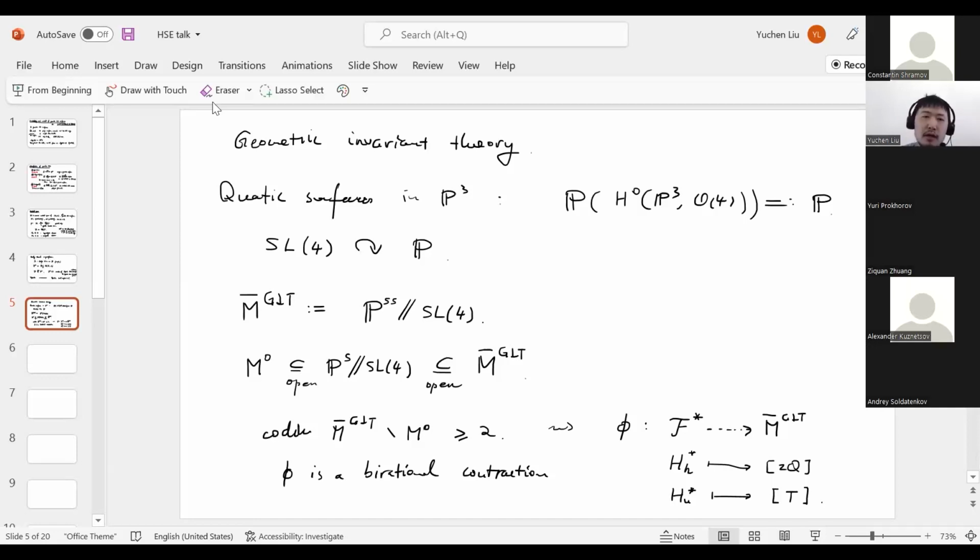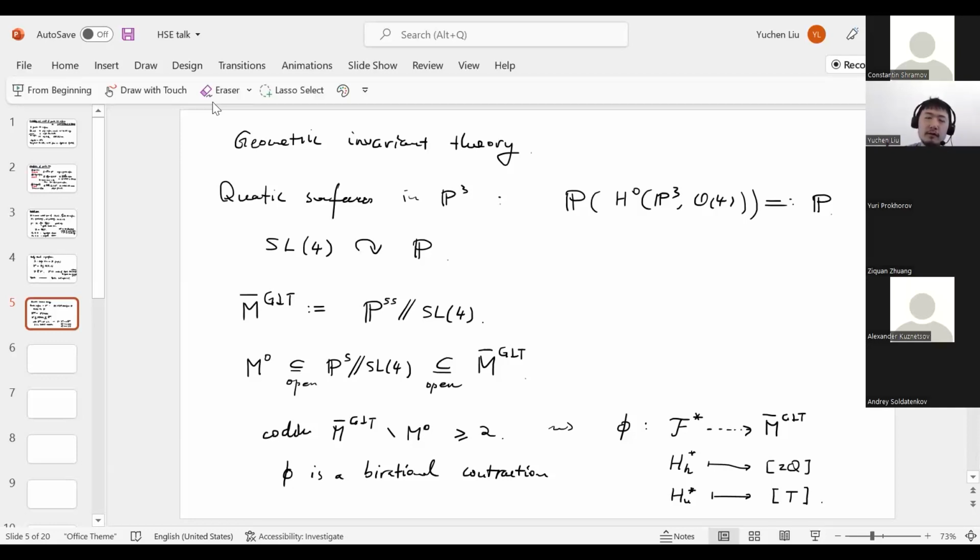But then what's going on is this phi contracts these two divisors to 2 points. But then it's more than that. If you only blow up these 2 points in the GIT moduli space, you get something that's isomorphic in codimension 1 with F star, but they are actually still not the same, actually far from the same.